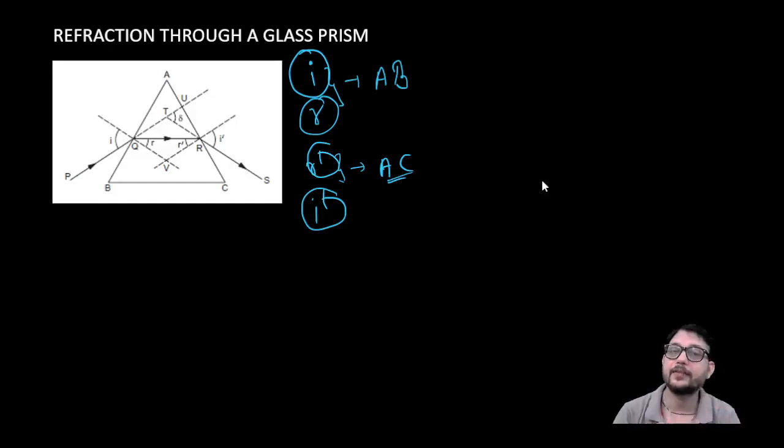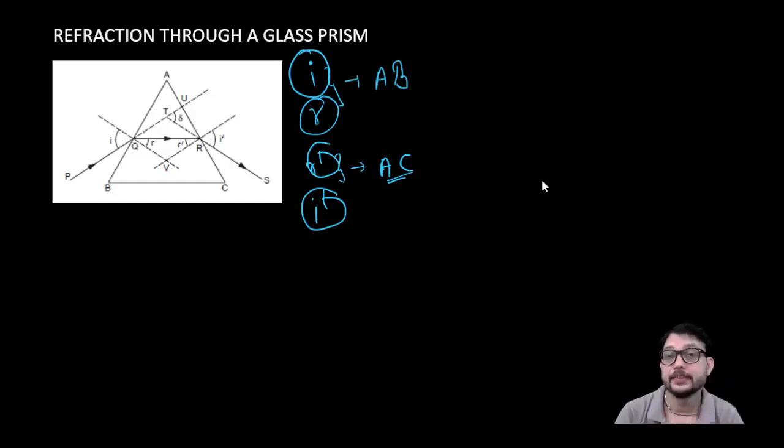So finally, the expression for a prism must include Snell's law, followed by the angle of prism, followed by the angle of deviation.